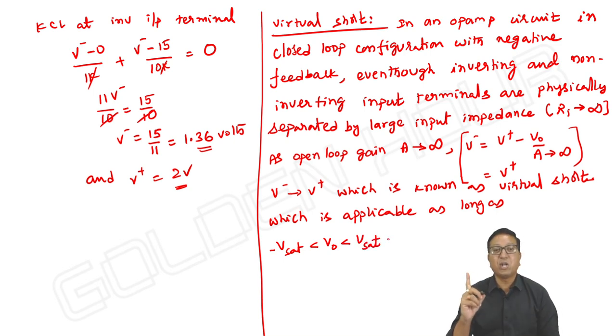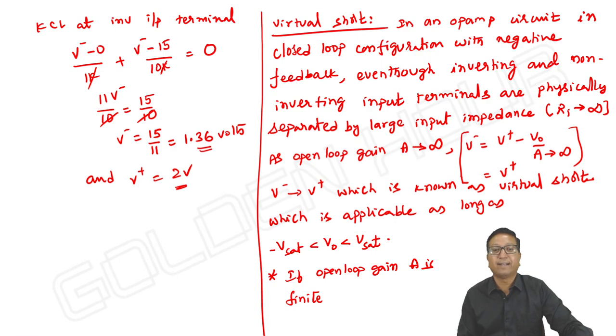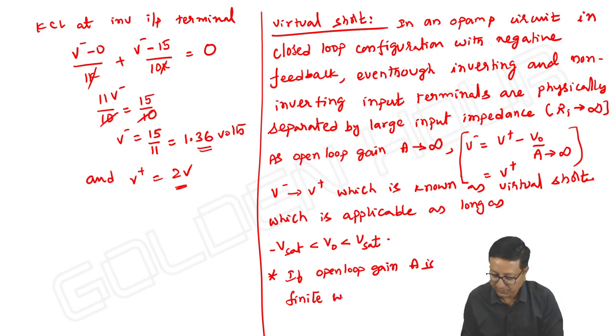The output should not reach its extreme values. A is approaching infinity, right? And if A is finite, you cannot apply virtual short. We have to go with the exact method. If open loop gain A is finite, we should follow the exact method.